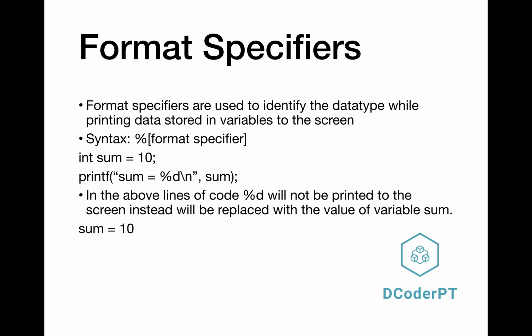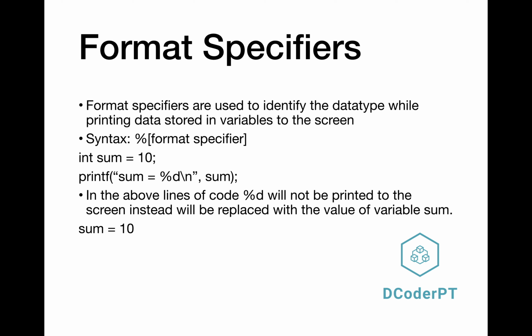The syntax is that we start with a percentage sign, and then we use the character for the format specifier. So for instance, if I want to print an integer, an int, to the screen, the format specifier is %d, as you see below in the example. We print "the sum is equal to %d", and this will be replaced by the value of the variable sum.